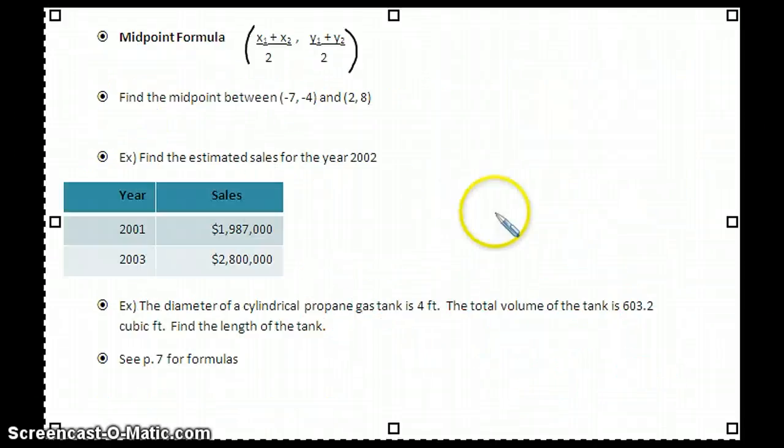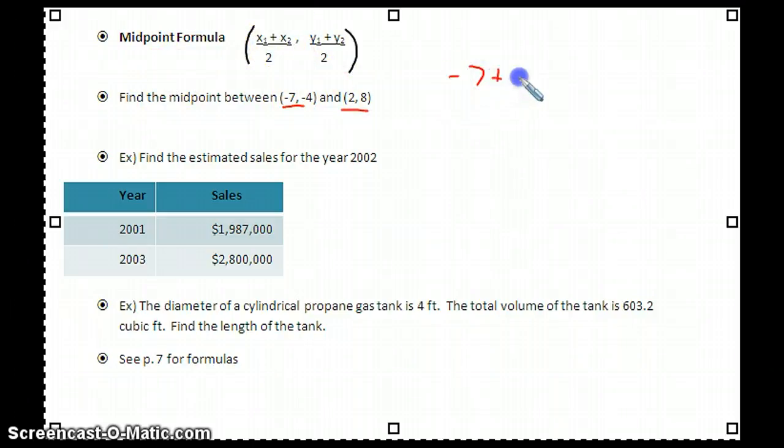Okay, next concept in this section of notes is the midpoint formula. We're going to use the same two coordinate points that we used in the previous example, but now we're going to find the point that is halfway between the two, so the midpoint. The way we do this is we add up the x's and divide by 2.